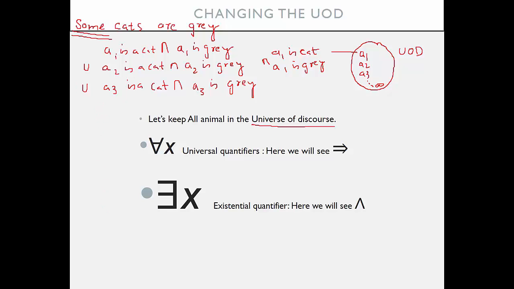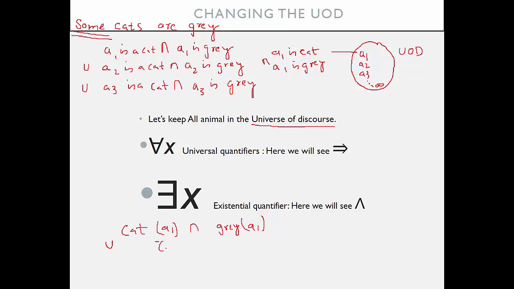Now, if we have to represent something, A1 is a cat, we can represent it like this. A1 is a cat and A1 is gray. Then again, we know that there is OR.